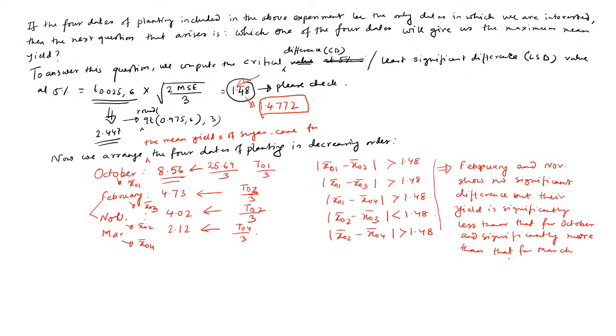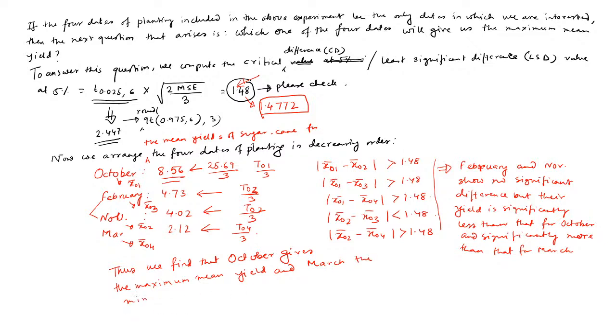So from here we can conclude that, thus, we find that October gives the maximum yield and March the minimum.